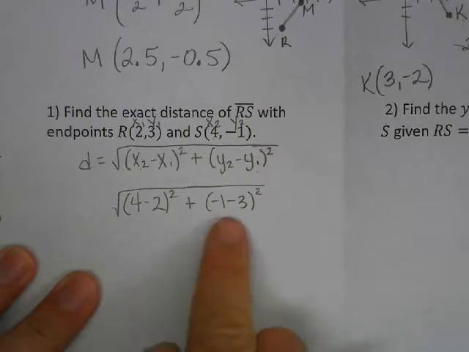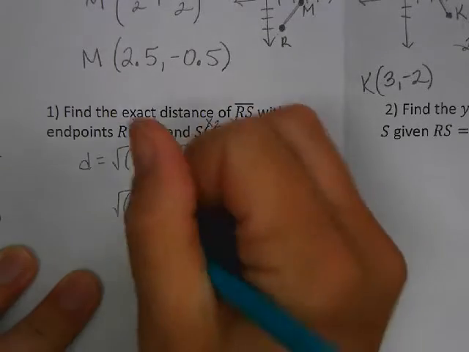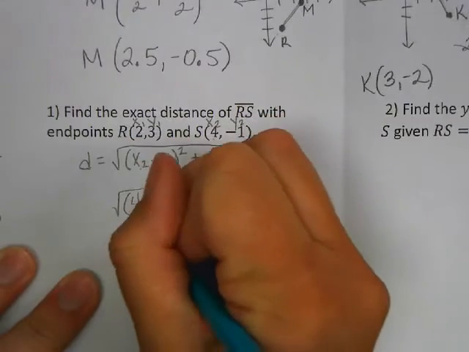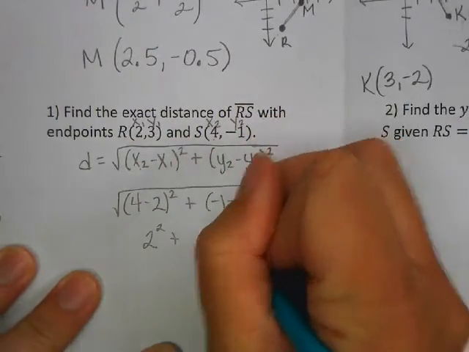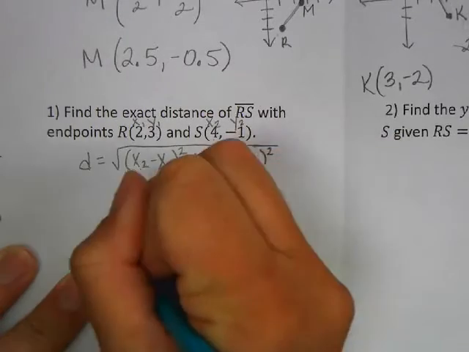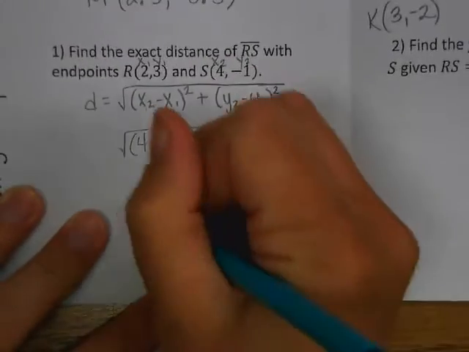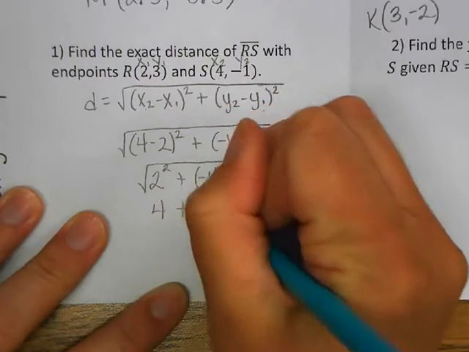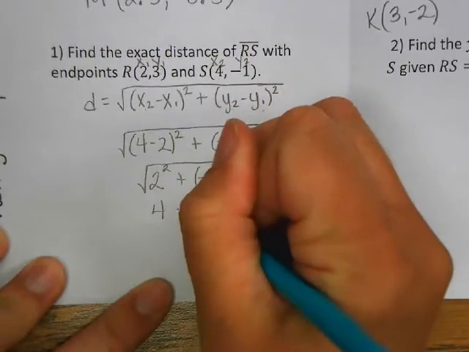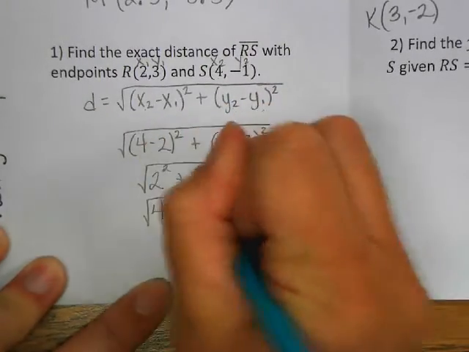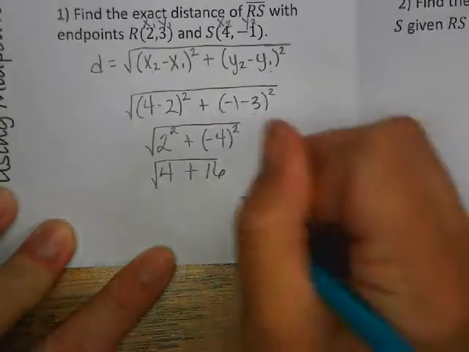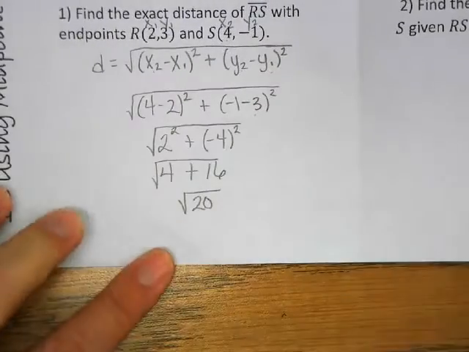So you have to go all the way to these parentheses. 4 minus 2 is 2. Negative 1 minus 3 is negative 4. And then you're going to square those values next. 2 squared is 4. Negative 4 squared is 16. And then when you add them up, you get the square root of 20.